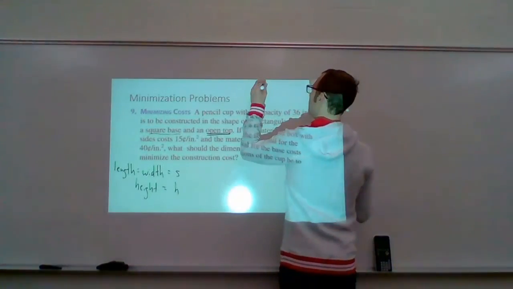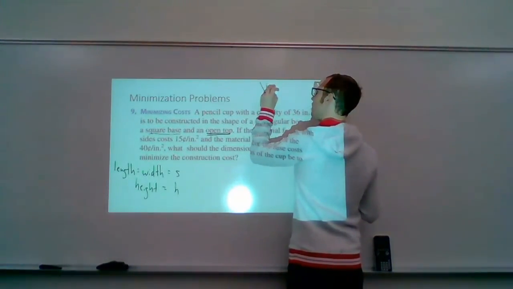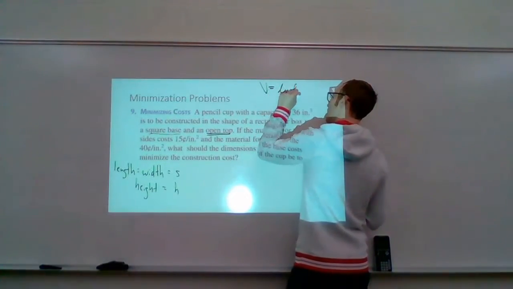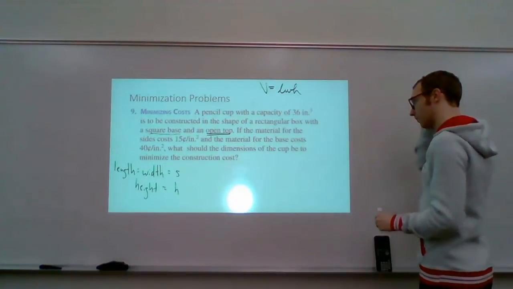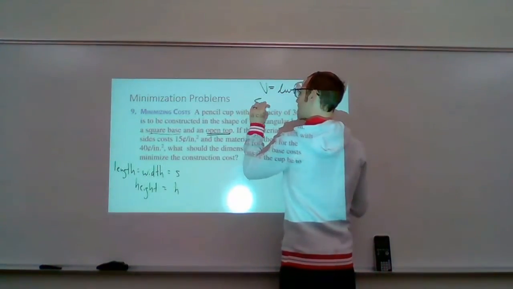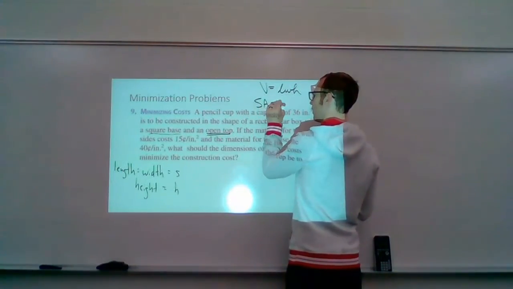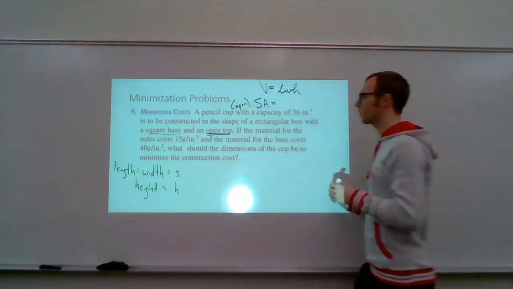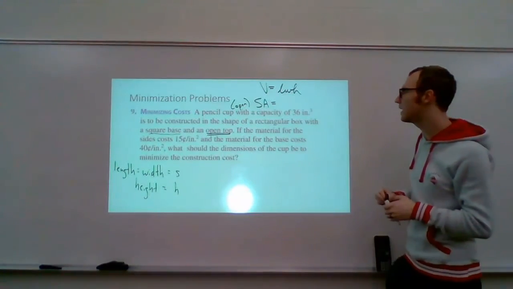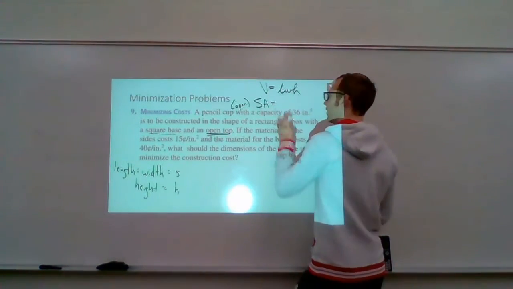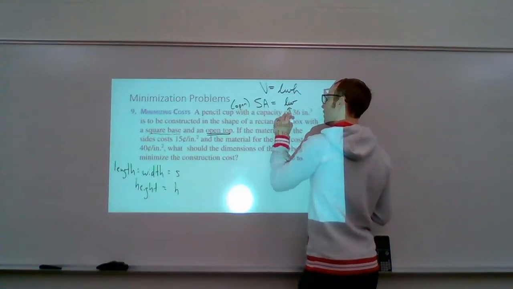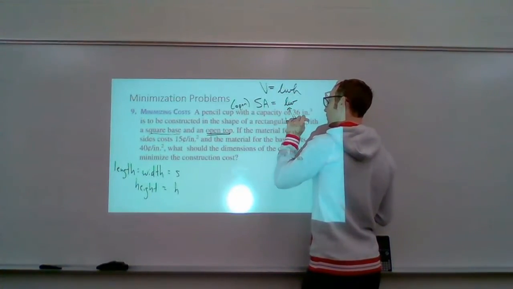Now, a couple needful formulas for a box here. The volume of a box is equal to length times width times height. The surface area in this case, this is open, well, there's only going to be one length times width. That is the bottom.